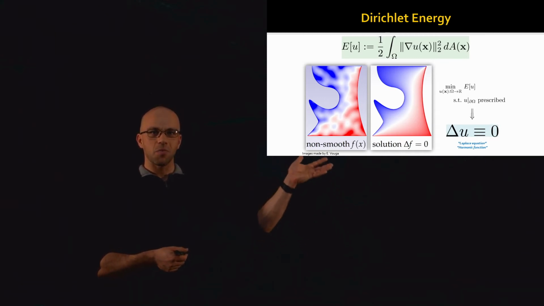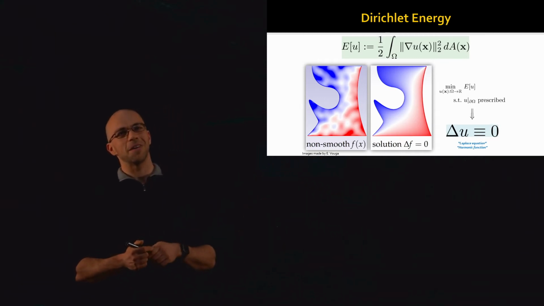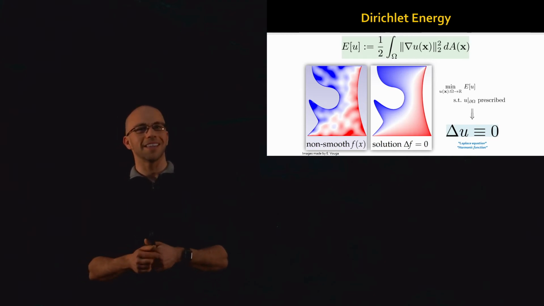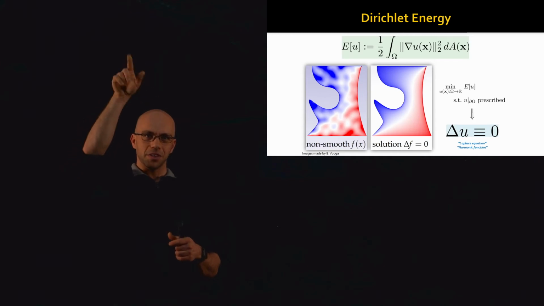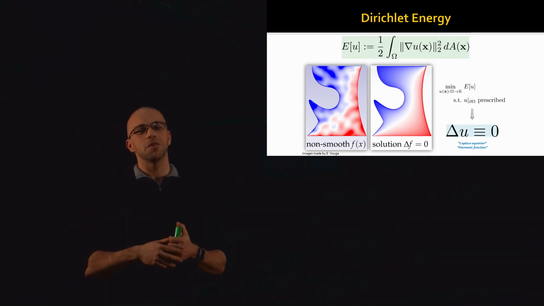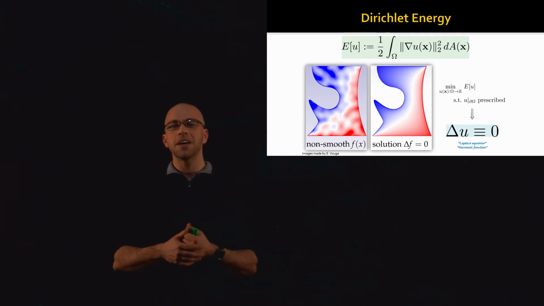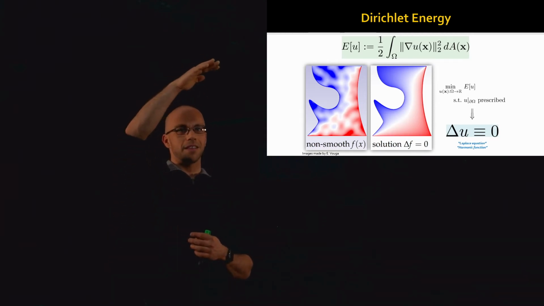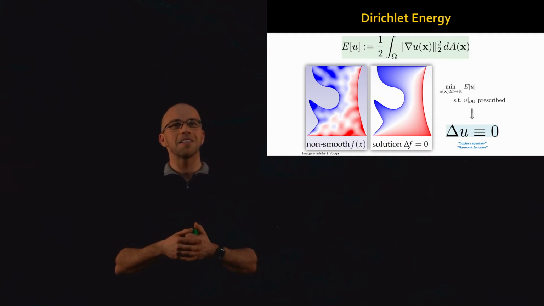For instance, in this weird shape here that my colleague Etienne has drawn, I know the red and the blue values of the function just along the boundary of the shape. And I want to solve an interpolation problem, which gives me the values of u everywhere else in the interior of the domain. The way that I'm going to do that is by finding the smoothest possible function u. In other words, the function that minimizes the Dirichlet energy while satisfying my boundary constraints.